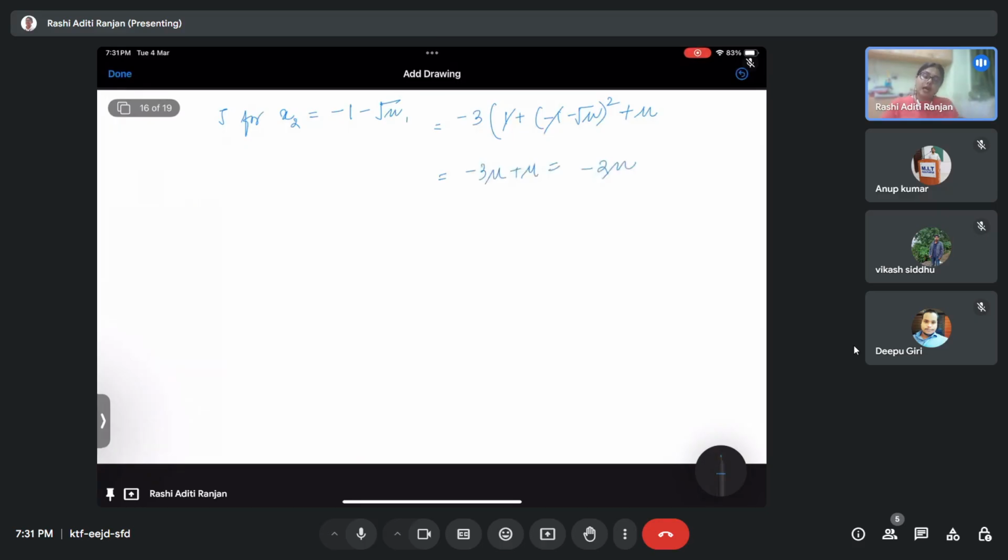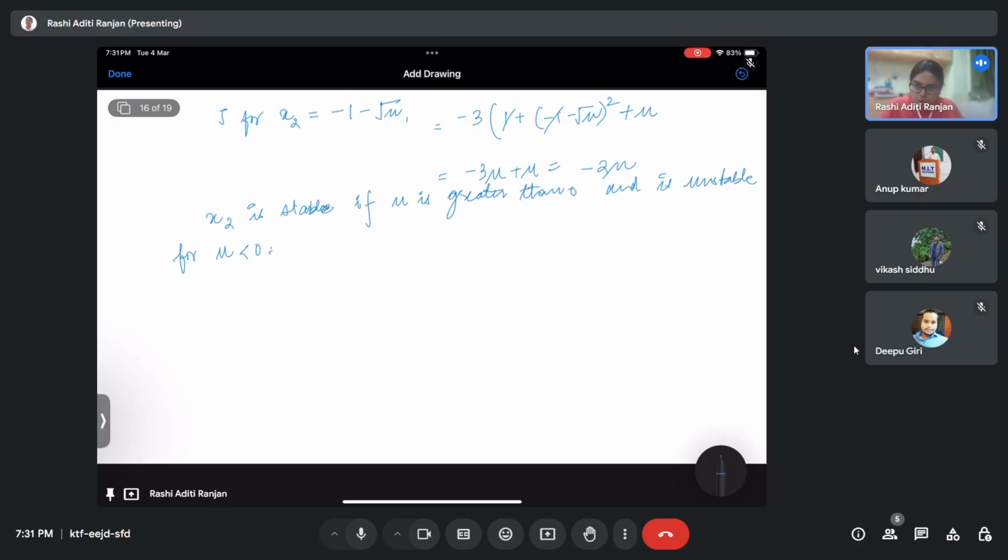So you'll see over here that x2 is stable if mu is greater than 0 and is unstable for mu less than 0, right?